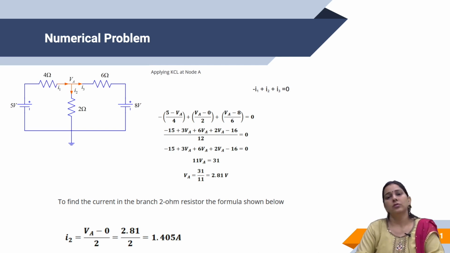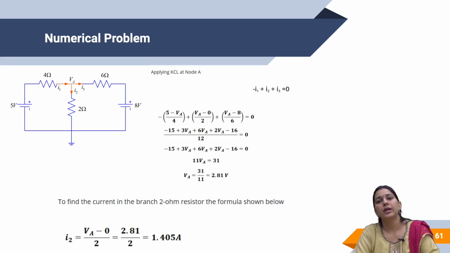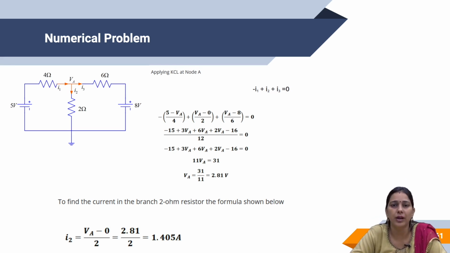The current across the third resistance, that is I3, can be given by VA minus 8 divided by 6, that is the value of the third resistance. Accordingly, we can solve this equation and calculate the voltage at node A, which comes out to be 2.81 volts. So, to determine the current across the 2 ohm resistance, we can use the equation VA minus 0 divided by 2.